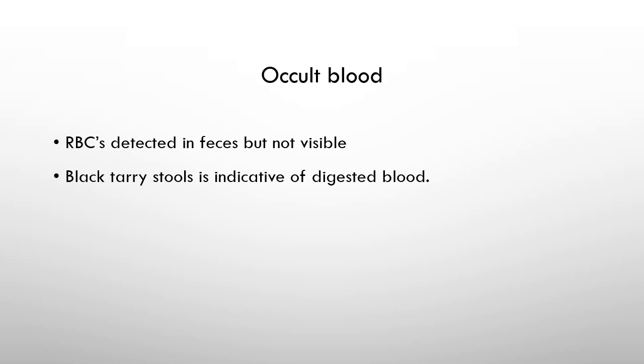If it's happening high up, say a bleeding ulcer, it's going to become digested along the way and can actually lead to things like black tarry stools. They look like essentially black tar in terms of the fecal matter that's coming out because it is digested blood along the way.